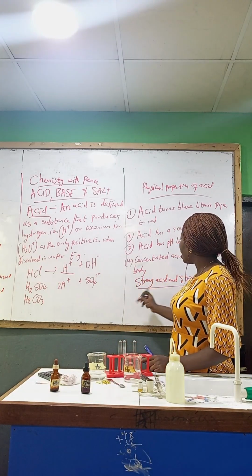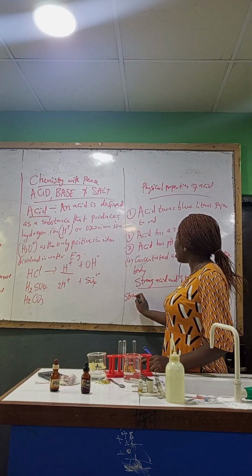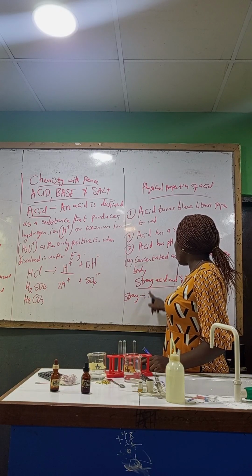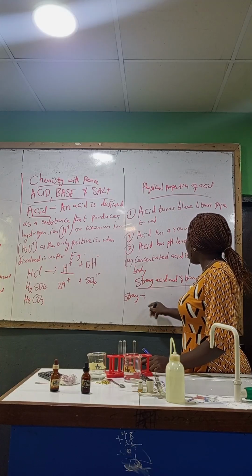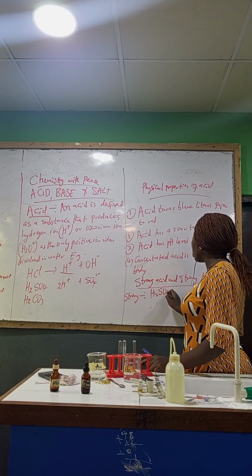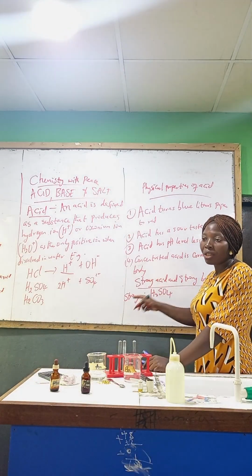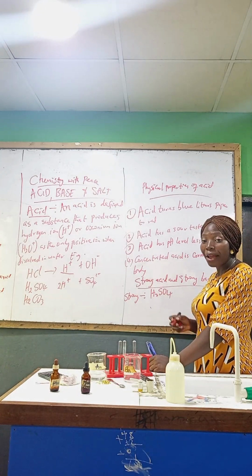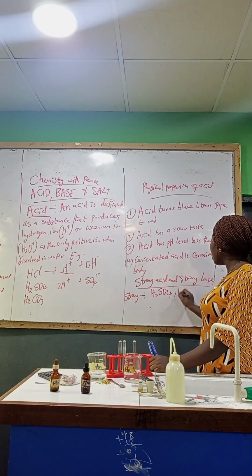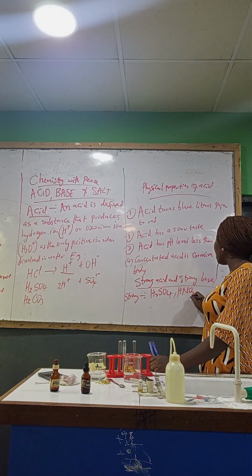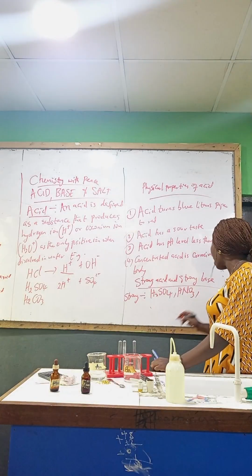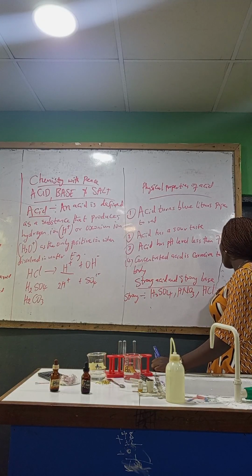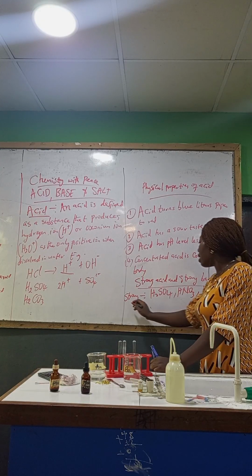Under strong acid, we have sulfuric acid, tetraoxosulfuric acid, H2SO4. It dissociates completely in water to form hydrogen ion. Another example, trioxonitrate(V) acid is also a strong acid. Another example, hydrochloric acid, also a strong acid.